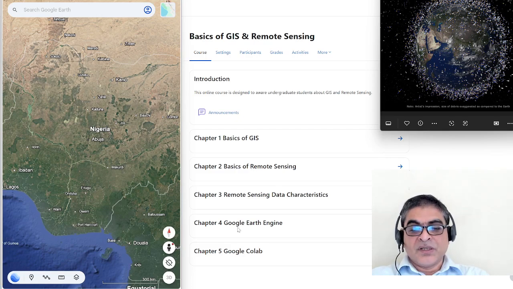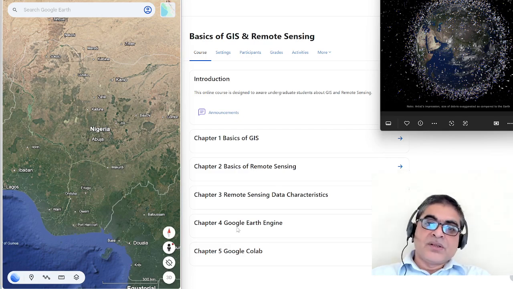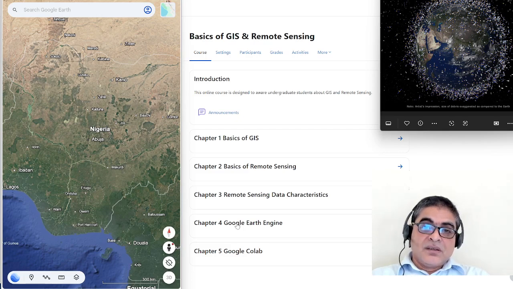Then we'll go to the data, because Google Earth Engine is the biggest platform, providing us more than 70 petabytes of data. This is remote sensing data. This is the data of atmosphere and climate. This is the data of the soil, land use, land cover.